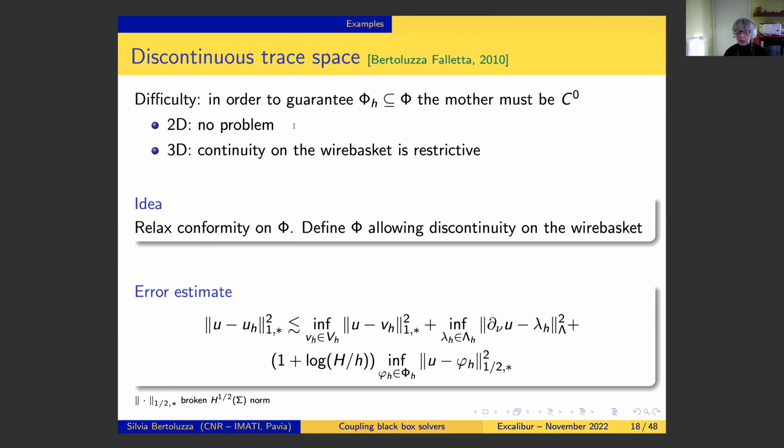In 2D, this is no problem: continuity in the cross point is easily imposed. In 3D, this is quite restrictive. It turns out that one can relax the conformity requirement on phi, allowing phi_h discontinuity on the wire basket, and I still get a quasi-optimal error estimate where I lose a factor of a logarithm of big H over small h.